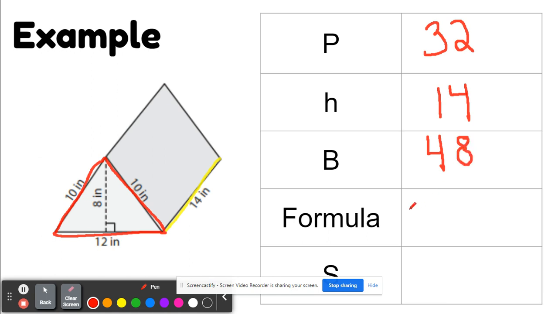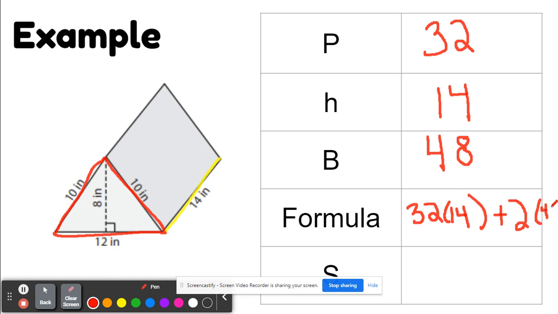So then my formula, I'm saying I've got 32, so my perimeter, times my height of 14. Okay. Plus 2 times the area of my base, which is 48.